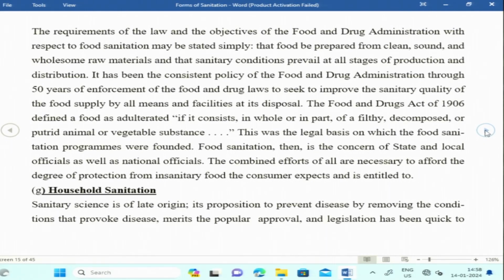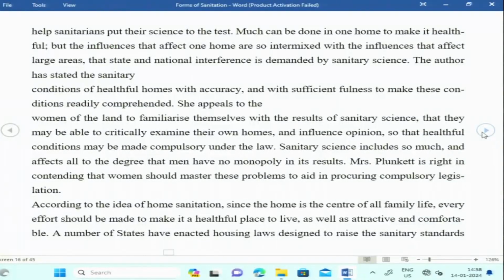We can speak about household sanitation as another important framework, where we are shifting from the public sphere to the private sphere. The basic idea is the healthful home, and accuracy has to be taken into consideration. We can speak about how the concern for women has to be represented, and how they have to be given due space with regard to home sanitation.